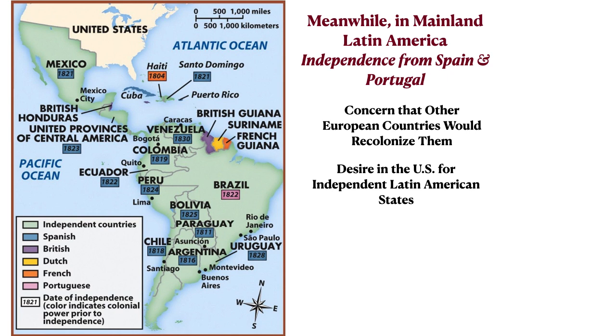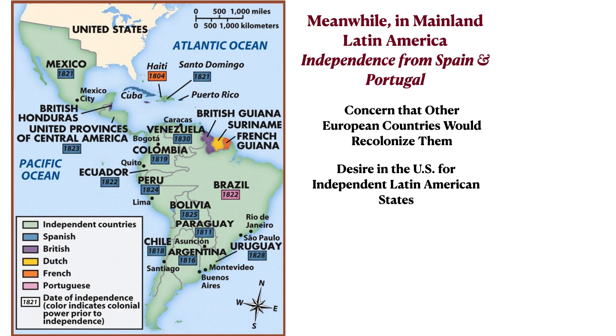The U.S. revolution against the United Kingdom was seen as quite an inspiration to Simon Bolivar and others fighting for independence from Spain. The United States was concerned about this, and they were really worried that other European countries would come in and recolonize them. That France or other states would have an interest in this.